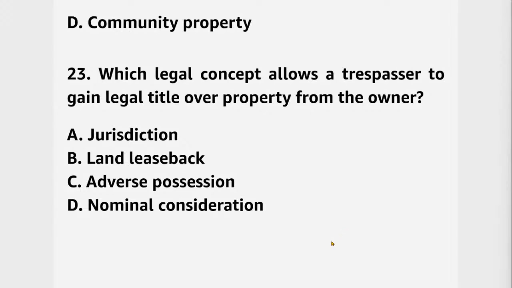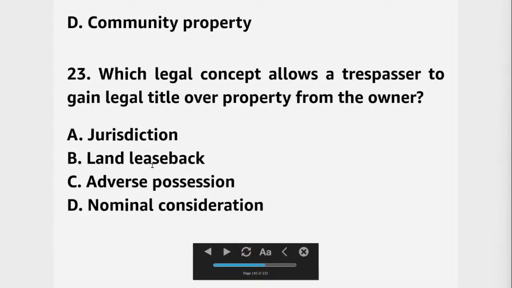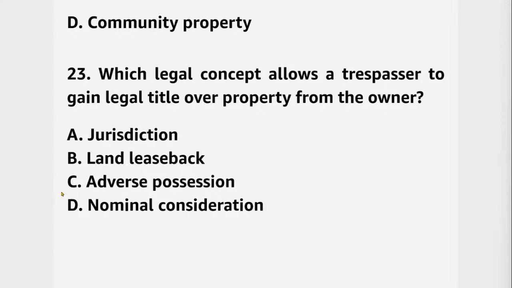And let's see, which legal concept allows a trespasser to gain legal title over a property from the owner? A, jurisdiction, B, land leaseback, C, adverse possession, or D, nominal consideration.